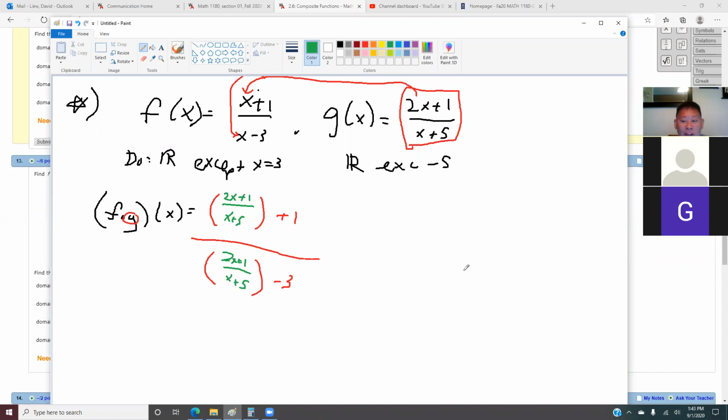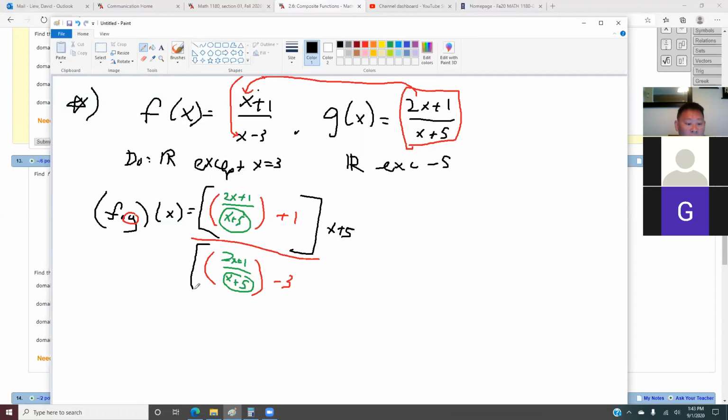Good try, but no, you cannot flip-flop that. We find the LCD. So what's the LCD in this case? They have x plus 5 here, right? So your LCD in this case is x plus 5. So what you do here is you multiply this whole thing by the LCD, x plus 5.